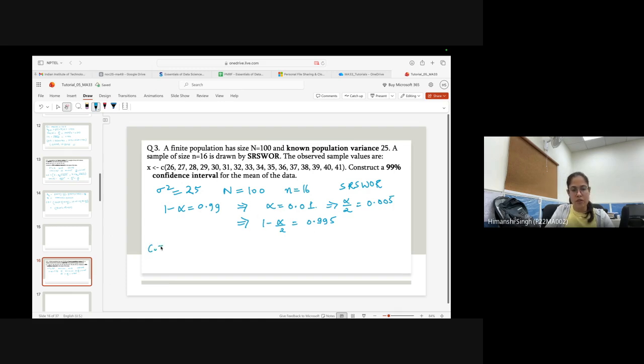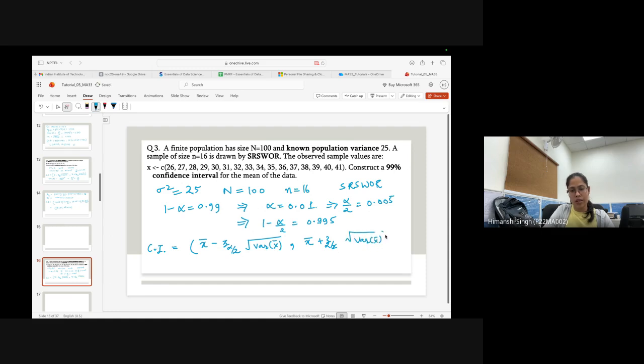So first of all, what will be the confidence interval for it? That will be x bar minus, since we have the known population variance, z alpha by 2 times the square root of the variance of x bar, and x bar plus z alpha by 2 times the square root of the variance of x bar.